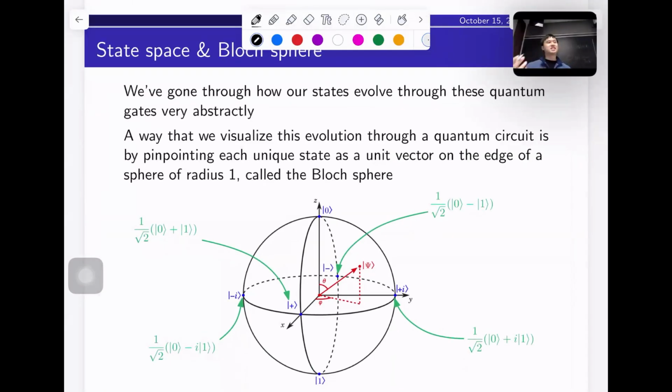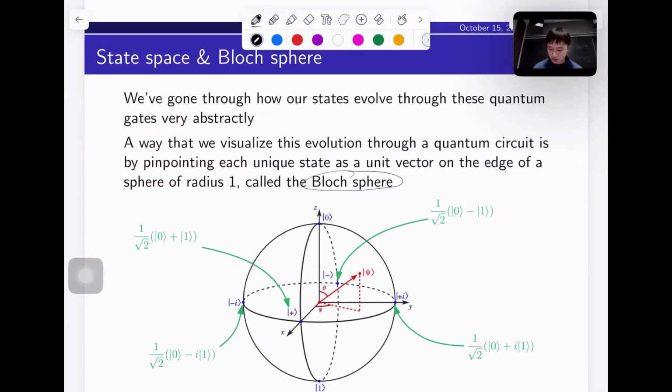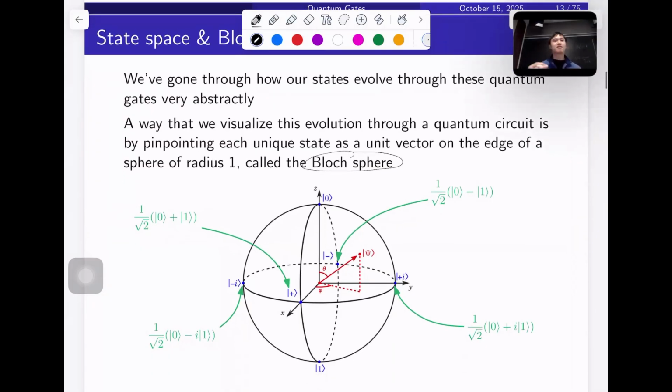So we've seen how these quantum states can be expressed as abstract kets with alpha 0 plus beta 1 or as column vectors, but that's not really visual. And so it's nice to have a visual way of representing them. Here we're going to talk about the Bloch sphere. Every quantum state that we're going to work with, you can describe as a single point on the surface of this unit sphere. So maybe the North Pole or the South Pole or just anywhere on this ball.